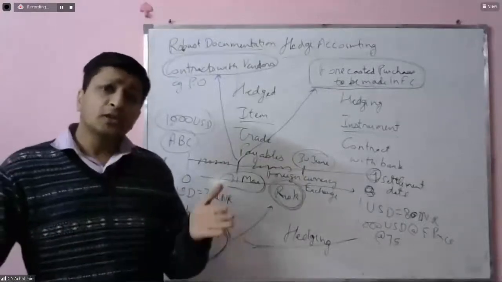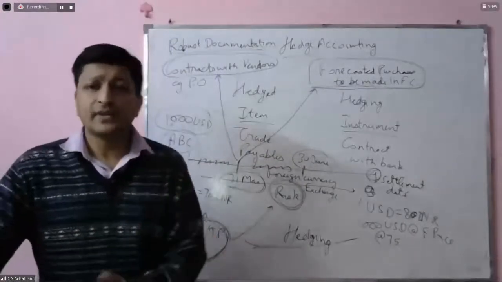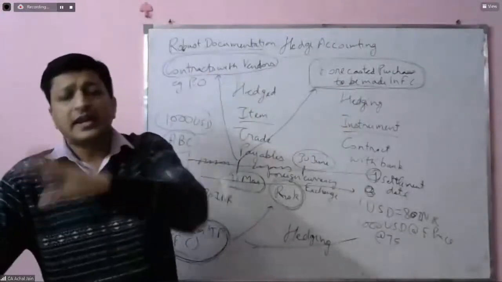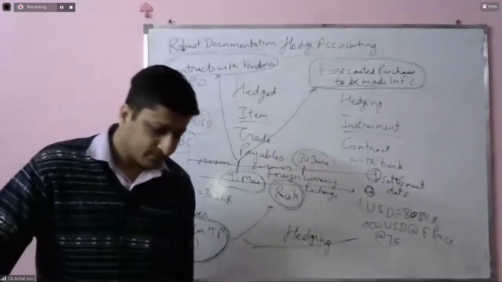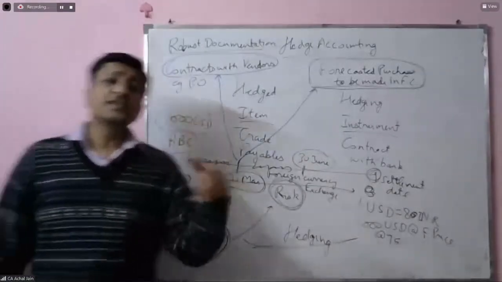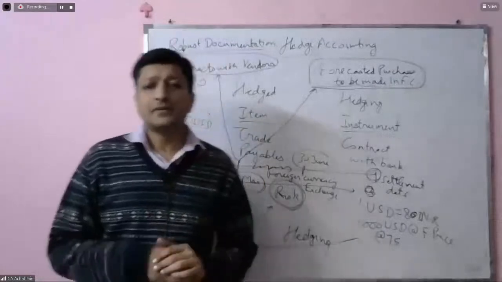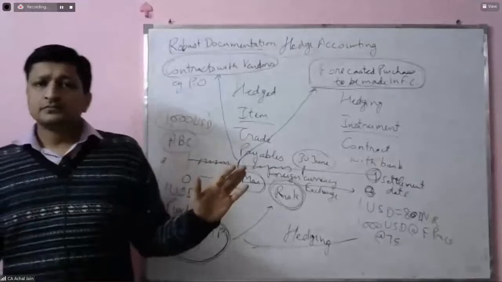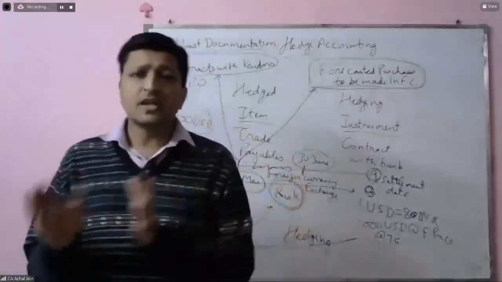Depending on the types of hedges that we have, means cash flow hedge, fair value hedge, or net investment in foreign operation, accounting varies. So that means for each type of hedge, accounting will be different. But once again, as I told you, we don't need to get into accounting details of all these types of hedges.